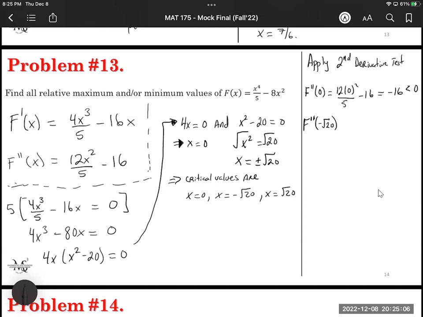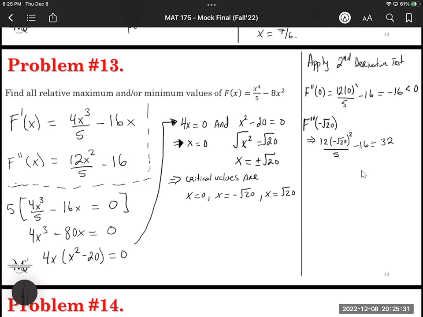All right, let's look at what happens now with the negative square root of 20. Well, when I plug in negative square root of 20 into our second derivative, we get 12 times negative square root of 20 squared minus 5 divided by 5 minus 16. If you work out the computation here, you can obtain the value of 32, right?